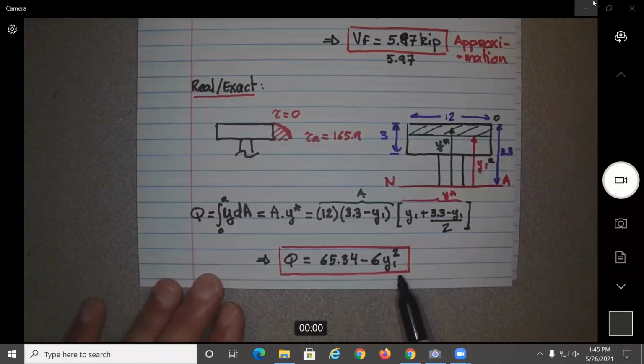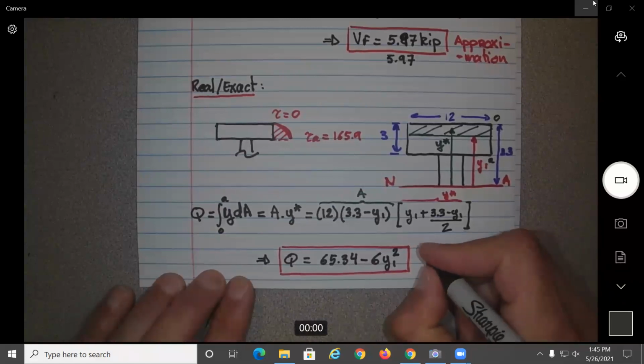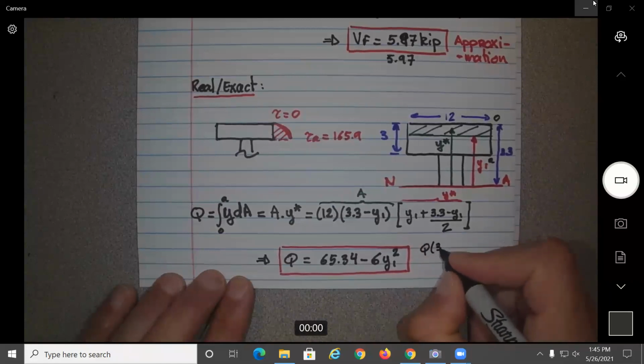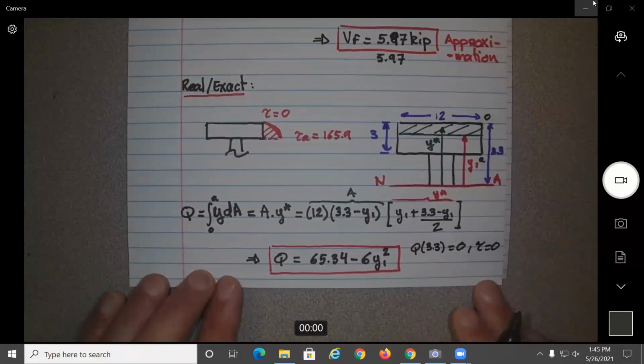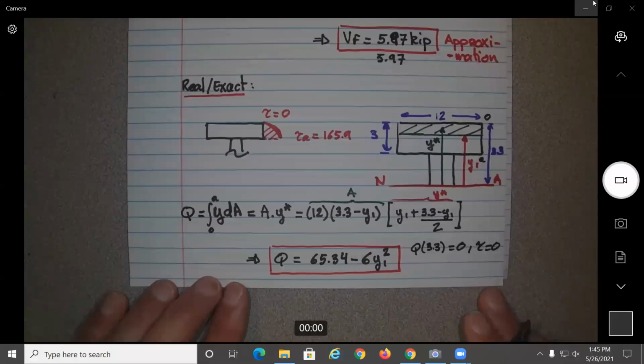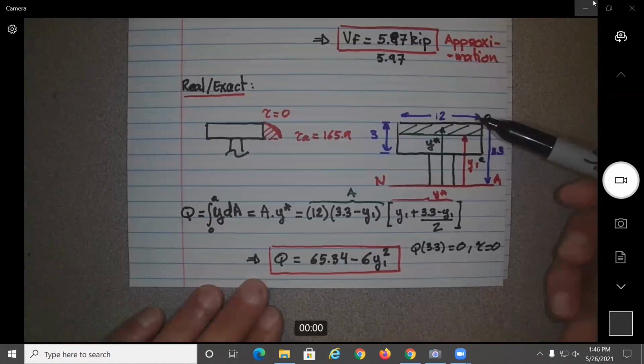So a way to check is to say Q of 3.3 is 0, meaning what? That the shear at this point will be 0. Okay, so that's a way to check. That's why the mathematics will give you that the shear is 0 at the top.